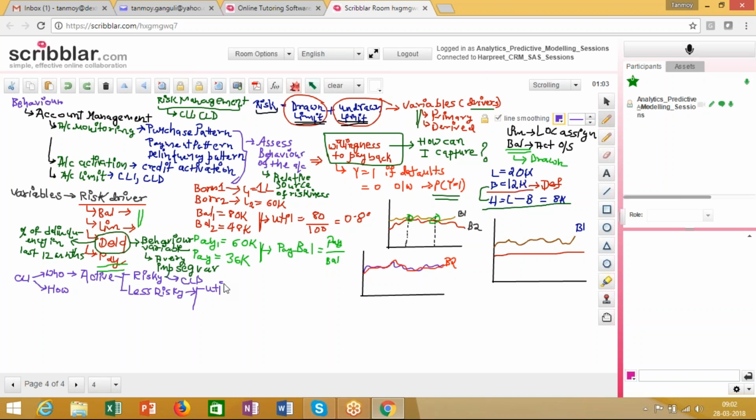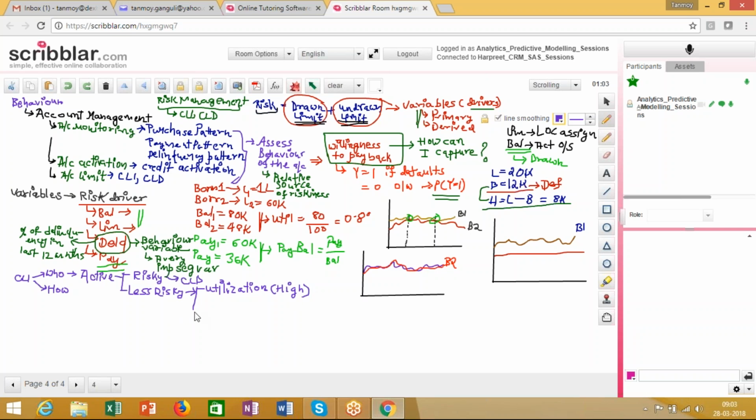Whoever has a higher utilization is someone who would be given the credit limit increase.